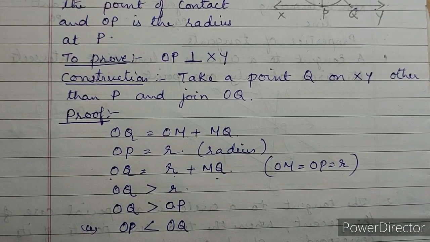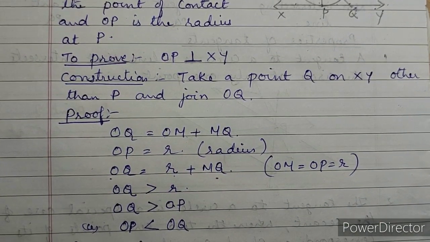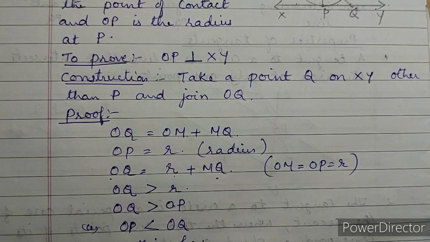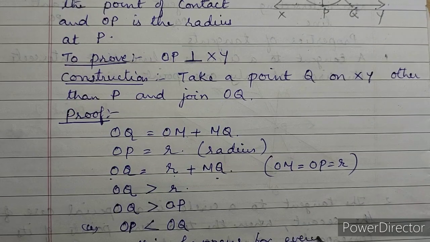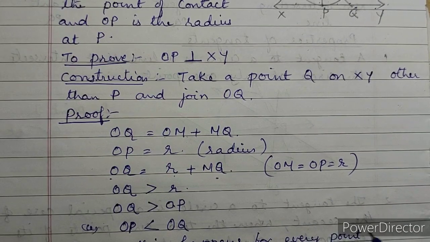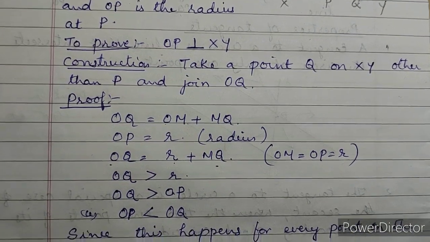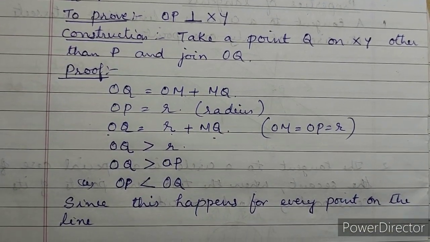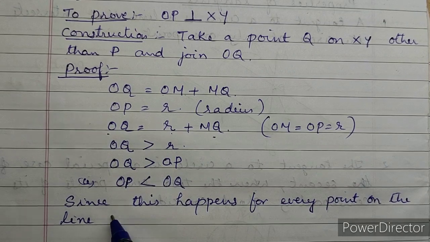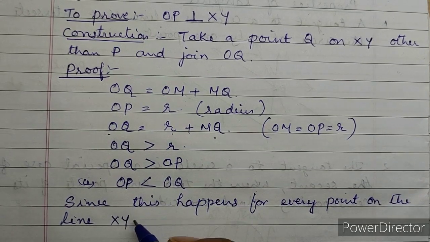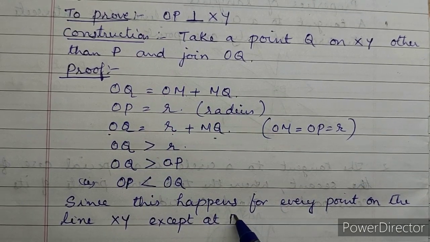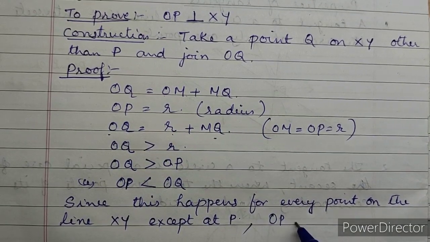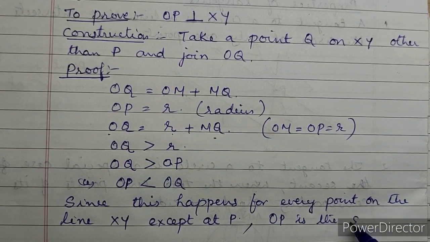So you can write that since this happens for every point on the line XY, that is the tangent, except at P, OP is the shortest distance we can say.